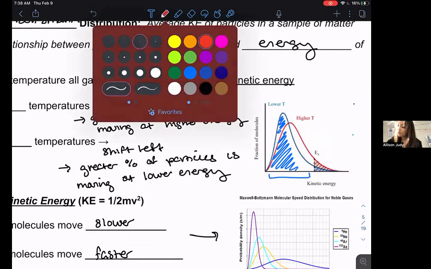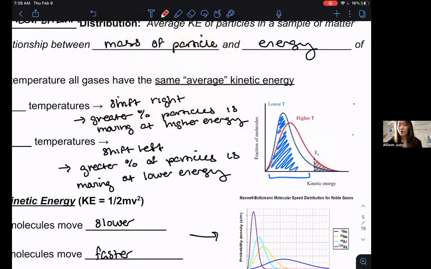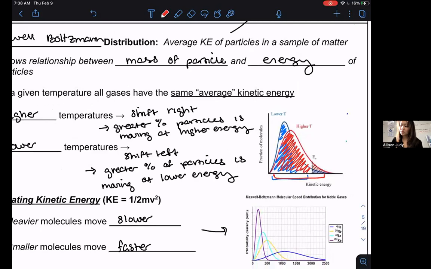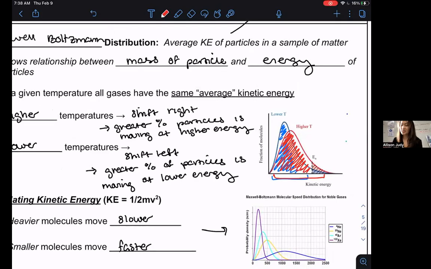Whereas the red, even though it looks more broad and it has a lower y-axis height, what it's saying is that a greater percentage of my particles is moving at a higher range of energy. So be careful when you read these that you don't confuse the stereotypical image of height as being explicitly and directly connected to better or worse or faster or slower.